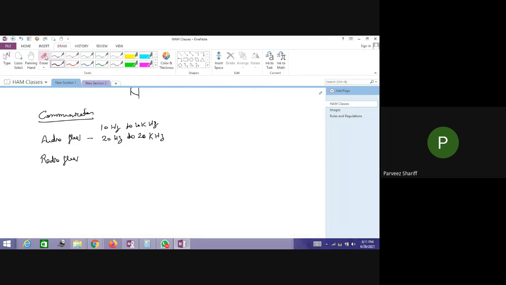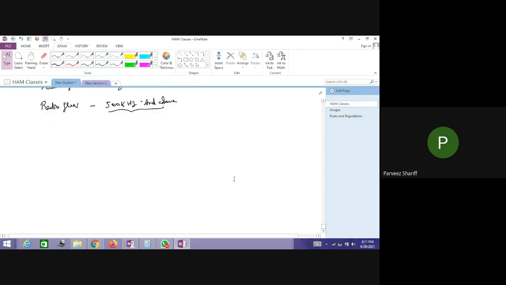Okay, that is audio frequency range. Audio frequencies we can consider as 20 hertz to 20 kilohertz, and beyond this, it is from 500 kilohertz and above. We call it as the radio frequency signals. So let us have a look at the table of the frequency categorization, and then we'll talk about the simple transmitter and the receiver.